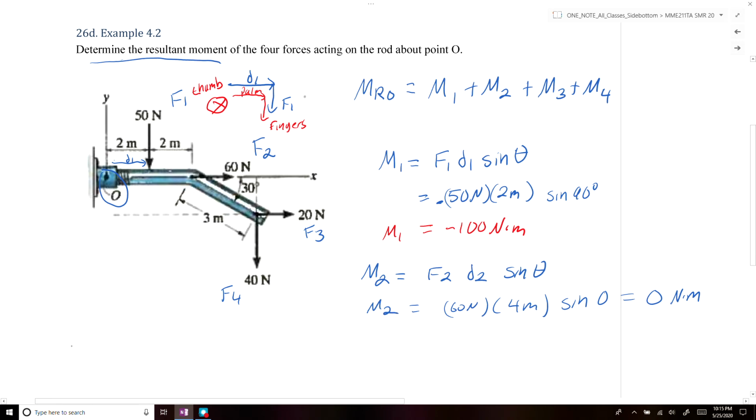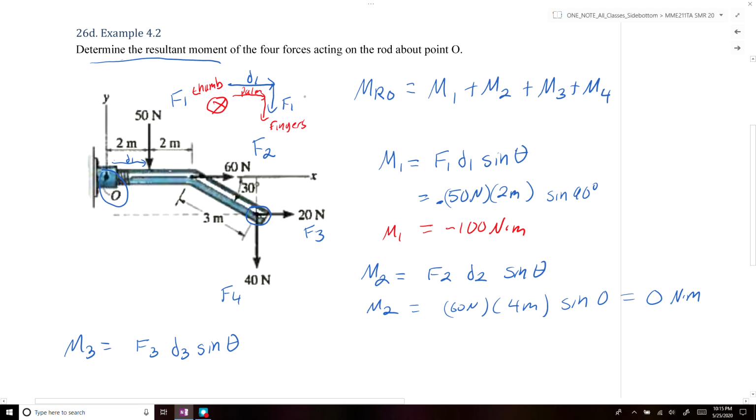All right. So then we can go down to the third moment, M3. So we can write this as force 3 times d3 sine of theta. In this case, force 3 is applied at the very end of the bar.